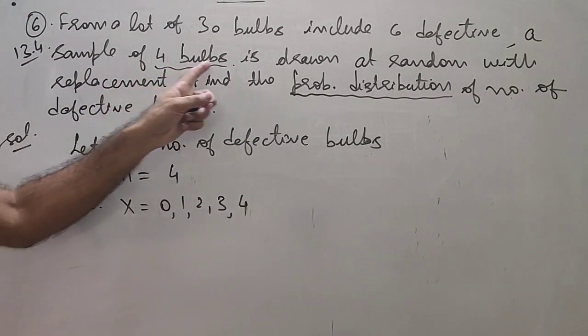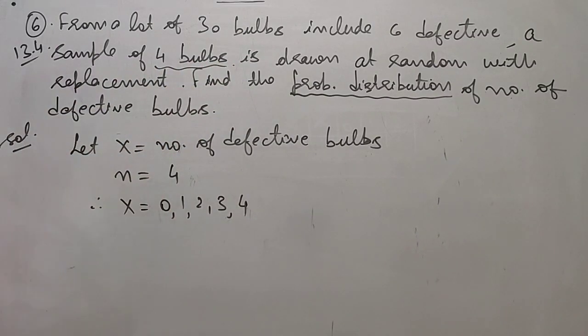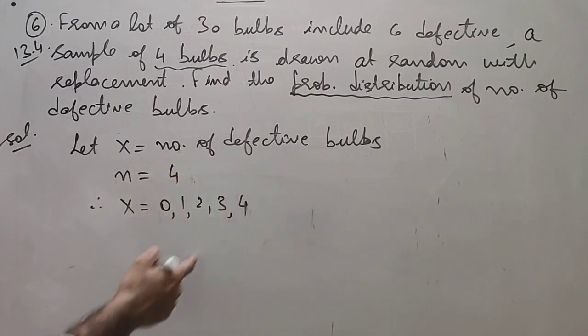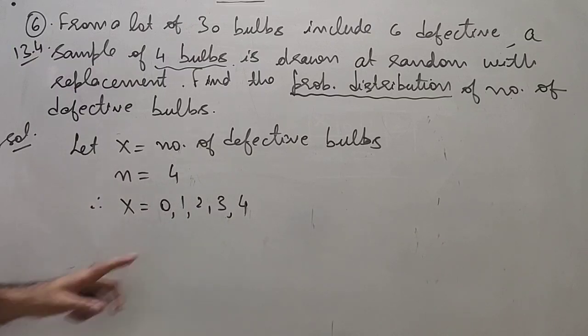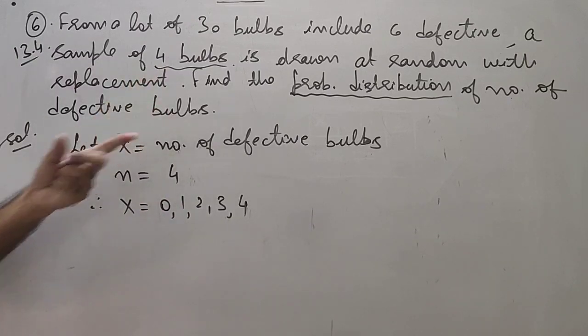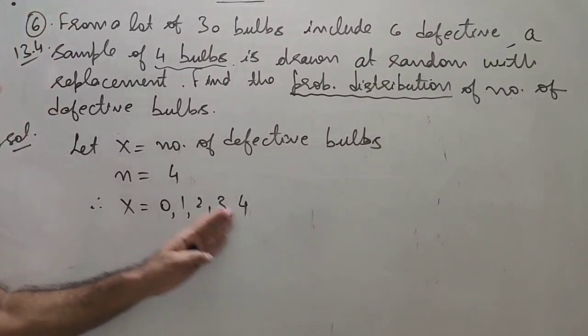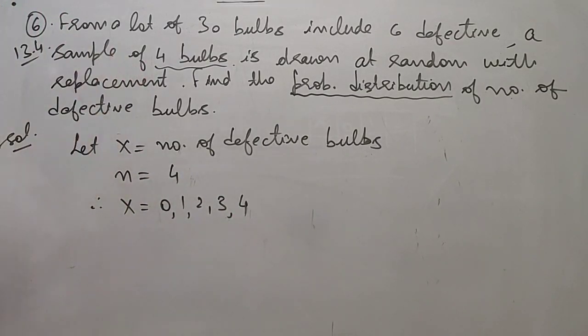Now we have drawn 4 bulbs at a time, so n is equal to 4. So when we draw 4 bulbs, the number of defective bulbs can be 0, that is, there should be no defective bulb. Or you can say 1 defective and 3 non-defective, 2 defective, 3 defective, or a maximum of 4 defective bulbs can come if we draw 4 bulbs.